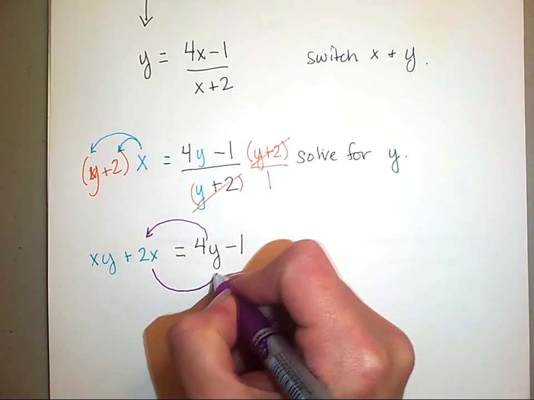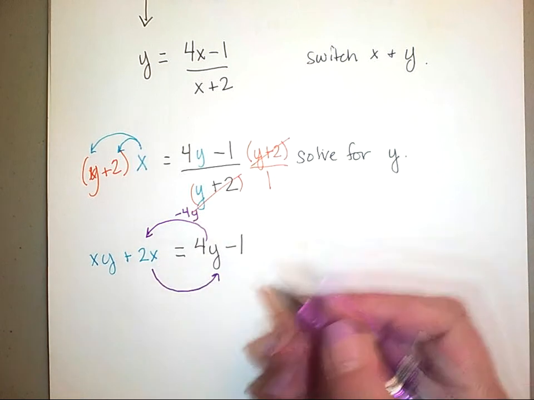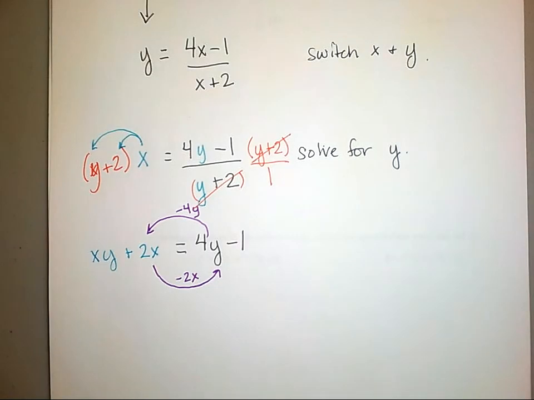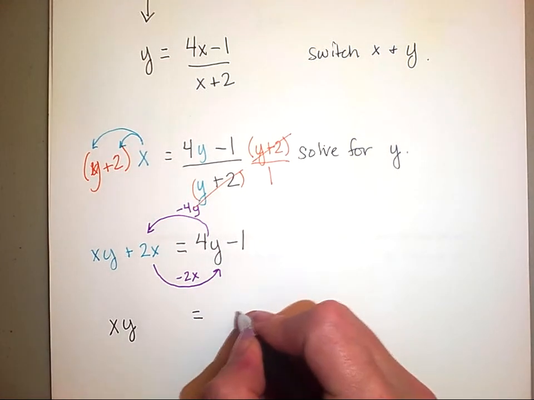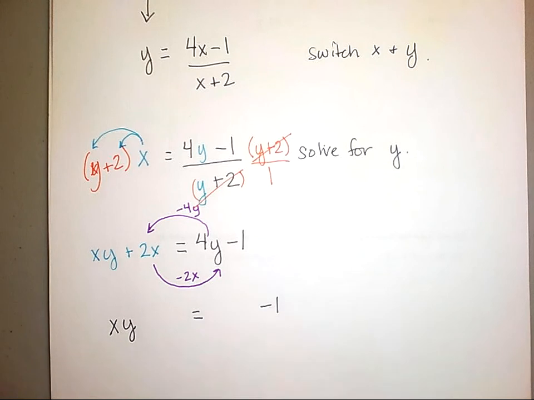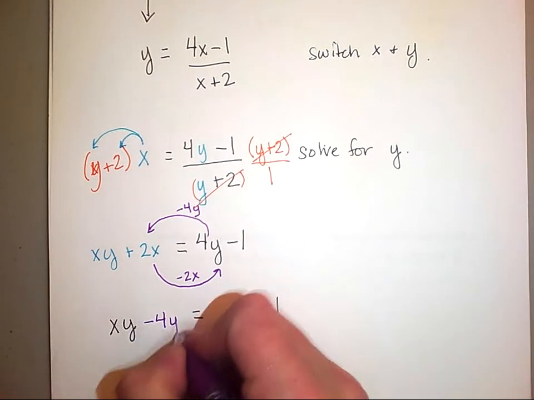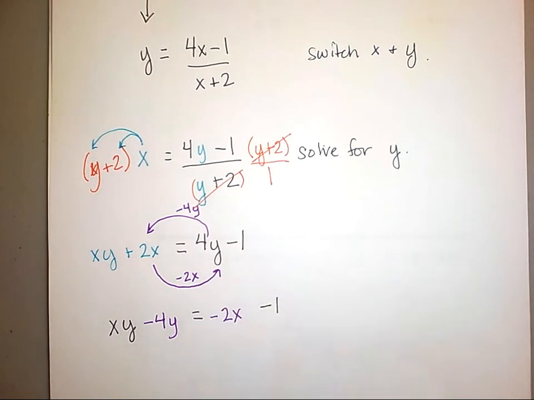And this one doesn't have a y, so let's move it over. To do that, I'm going to subtract 4y from both sides and subtract 2x from both sides. So we'll get xy, minus 4y on both sides, and then I've subtracted 2x from both sides.